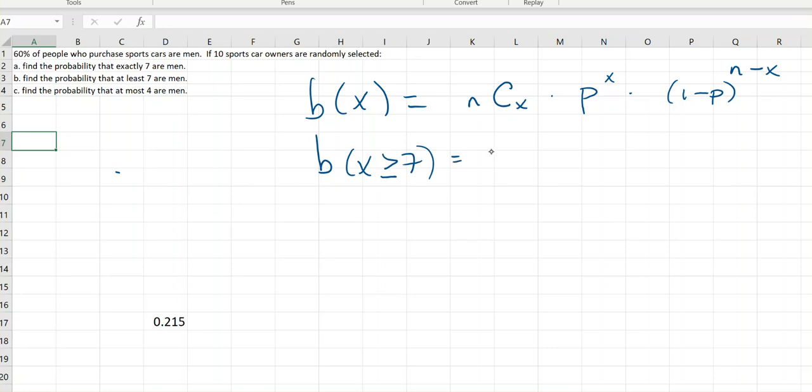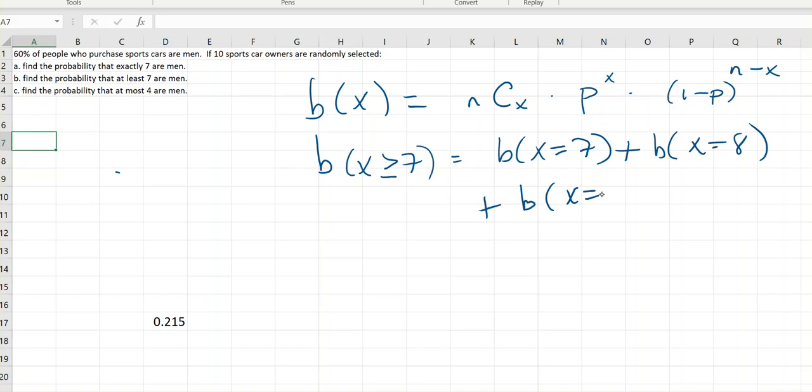So this is equal to the probability that x equals 7, or the probability that x equals 8, or the probability that x equals 9, or the probability that x equals 10. At least means from 7 up to the very end, which is 10. So 7 or 8 or 9 or 10.